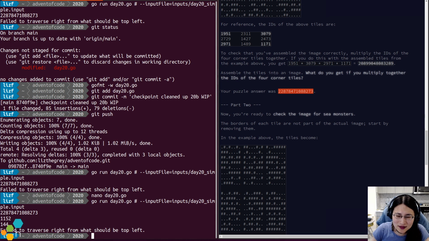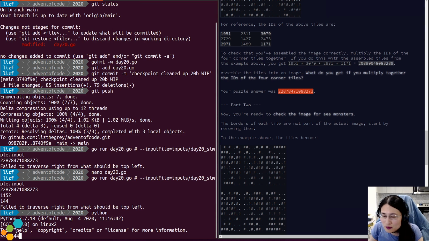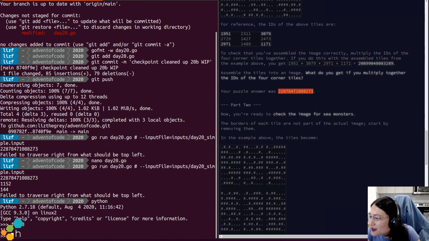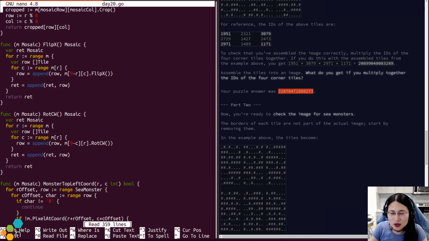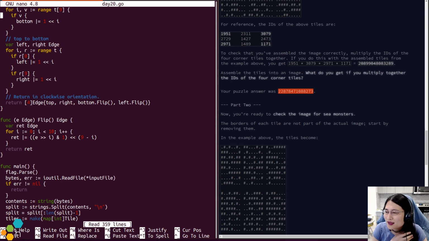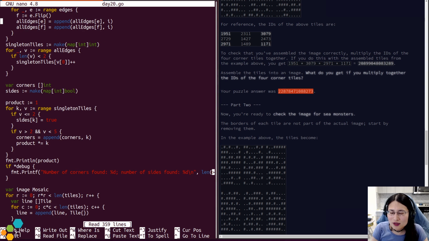Just to check, I should see... Okay, there are 144 original tiles. 144 times 8 is 1152. Yep, okay, so that's correct. And they're all unique tiles because otherwise Go would detect that they're not unique.